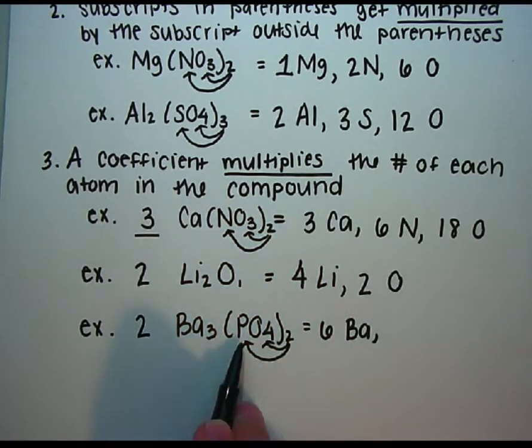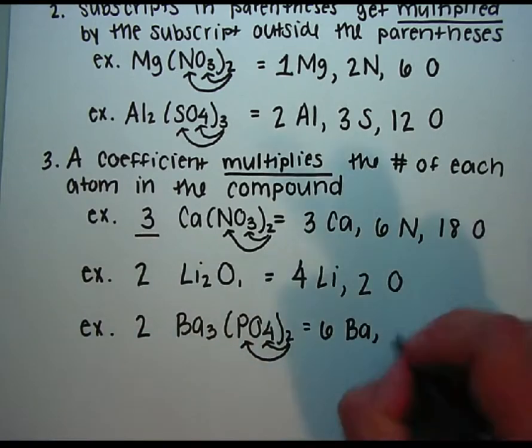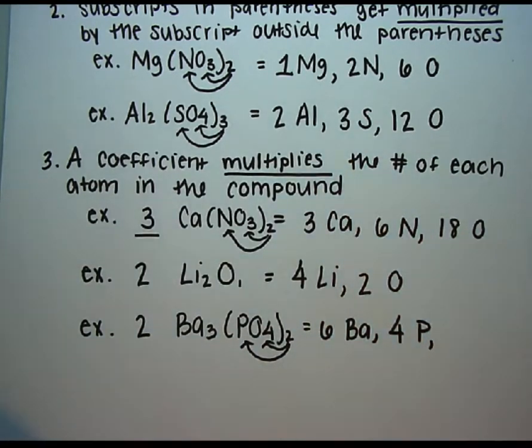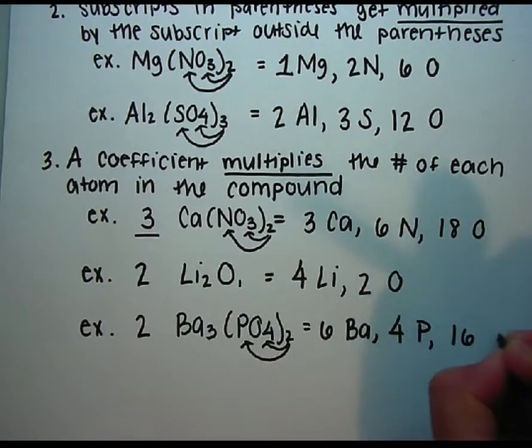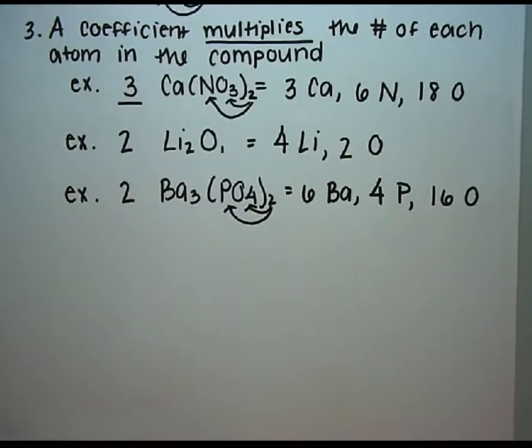I would have 2 phosphide ions times a coefficient of 2, which gives me 4. 2 times 4 gives me 8 oxygens times 2, which gives me 16. So in order to balance reactions, you need to be able to count the number of atoms.